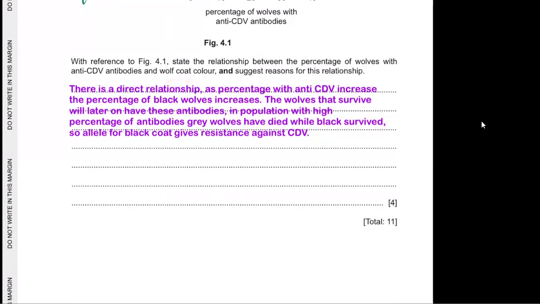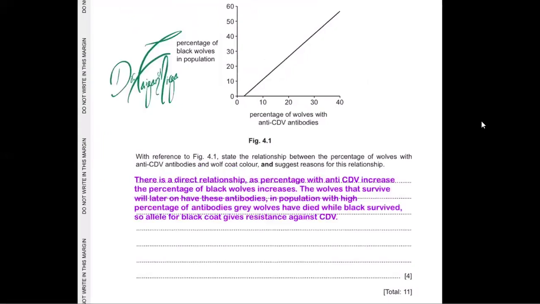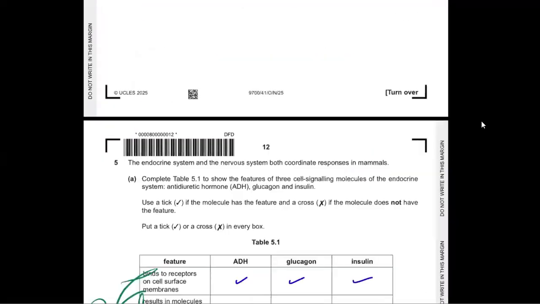So there's a direct relationship. As the percentage of anti-CDV increases, the percentage of black wolves increases as well. The wolves that survive will have the antibodies and they will pass on, and the gray wolf would have died. The black have the survival advantage there. So that's why the relationship just goes straight line.